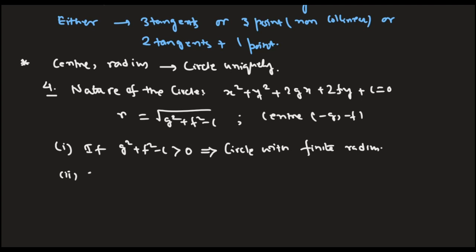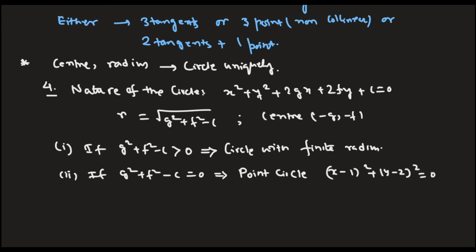Now the second case: if g square plus f square minus c is 0, then what will happen? We have a point circle. Suppose I take one example: x minus 1 whole square plus y minus 2 whole square equals 0.